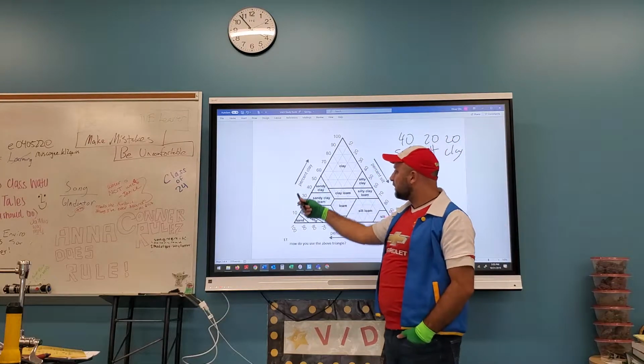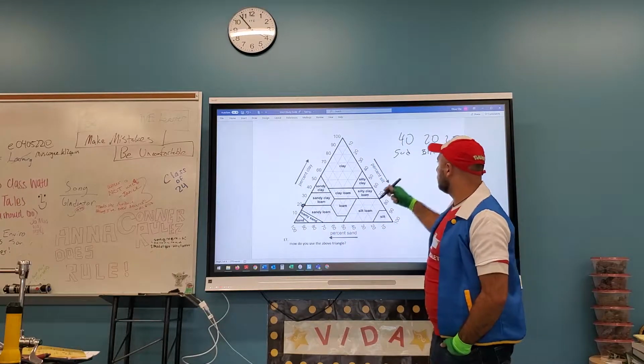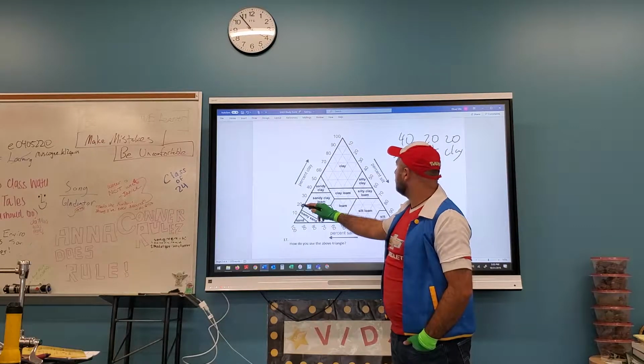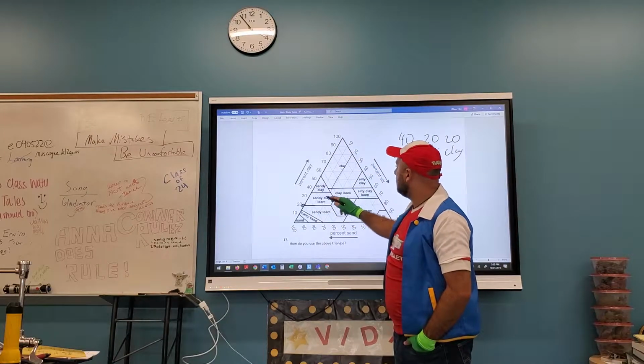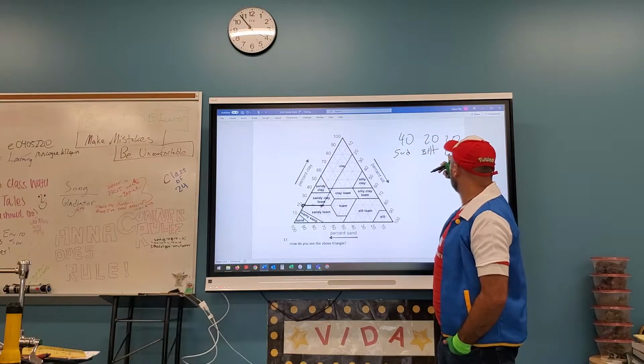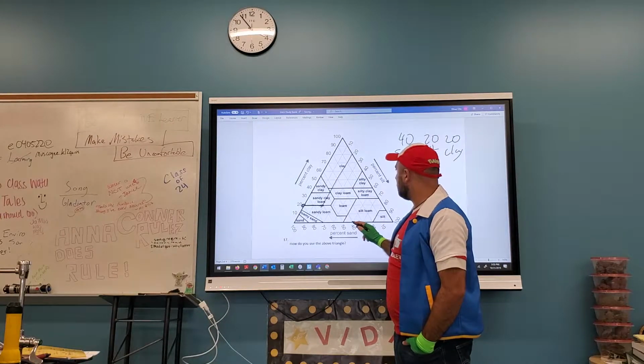So we'll come over here, we'll start with the clay, 20%. And then we will move to the right for the percent silt. So we move to the right and find that line for silt 20, and it crosses right here. And then we have the sand, which is at 40%, and that's up here.